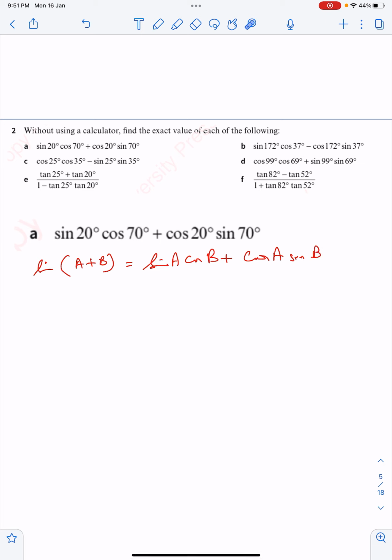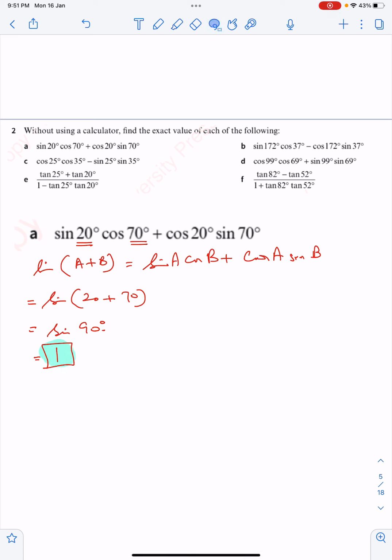If you compare sine of a cos of b plus cos of a sine of b, it is equal to sine a plus b. So in this case a is 20 and b is 70 degrees. So it will become sine of 20 plus 70, which is actually sine of 90, and we know sine of 90 degrees is 1. So the answer for this will be 1.